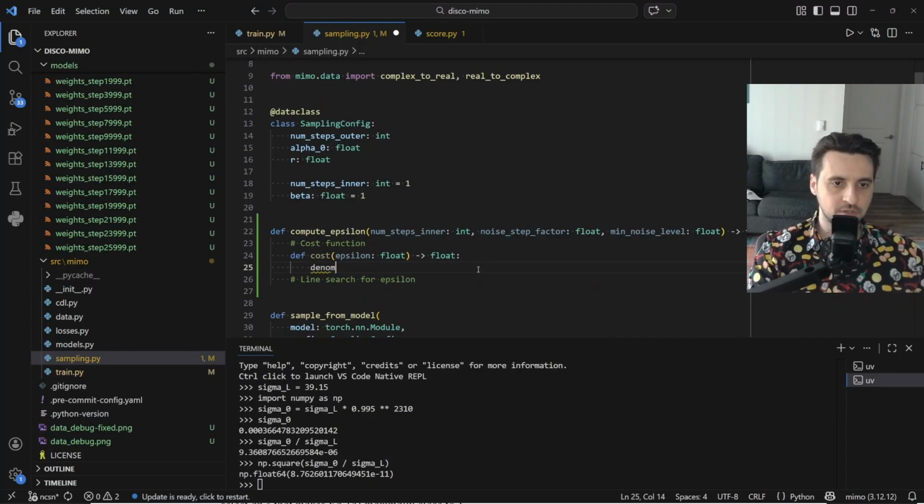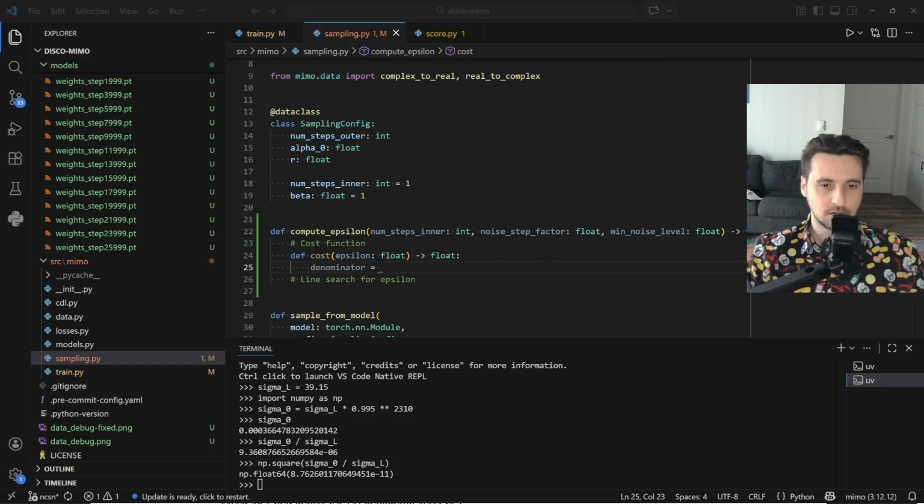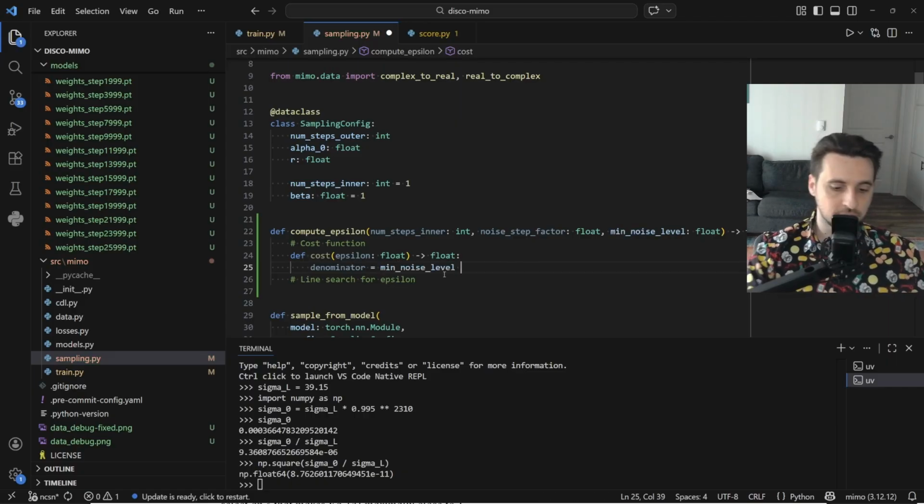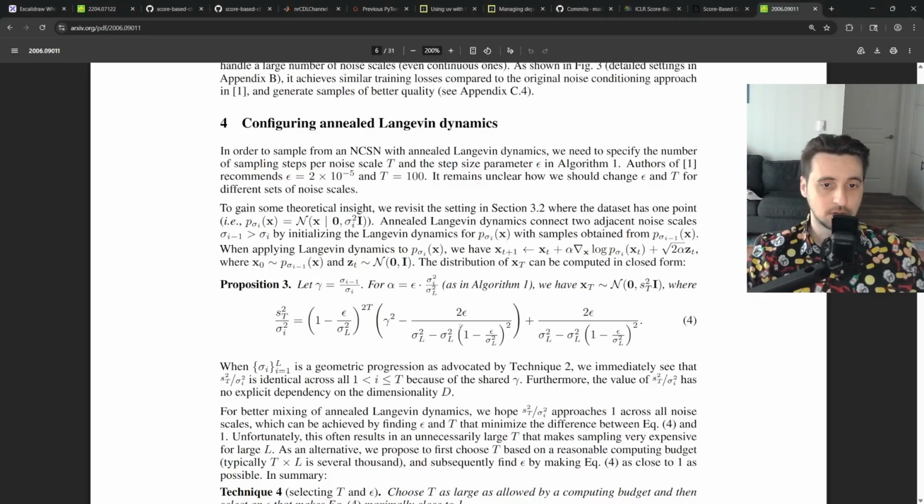Okay, so let's do the denominator. We can just implement this by hand, right? Oh. So it says min noise level squared minus min noise level squared times, this is the same, right? Yeah.